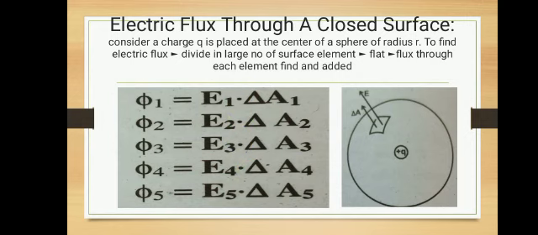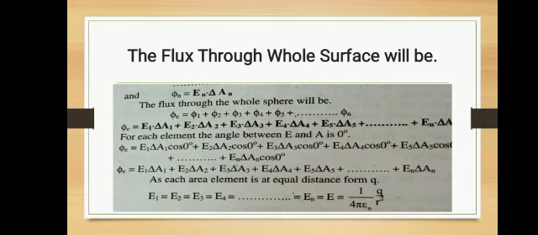And so on. The electric flux through the whole surface: the formula is phi equals E dot delta A, or in case of n patches, phi n equals E dot delta A n.